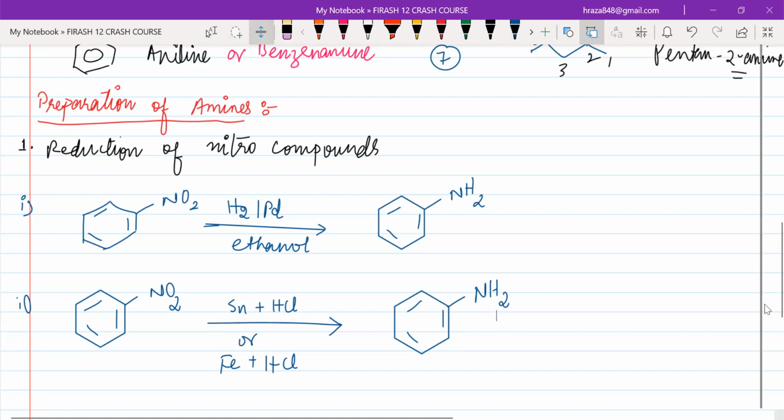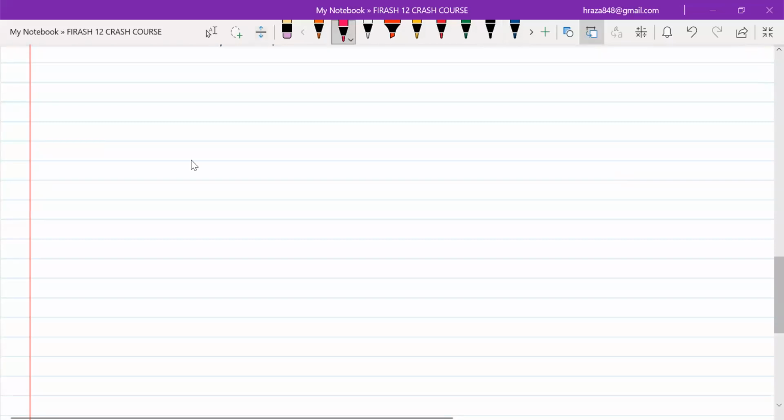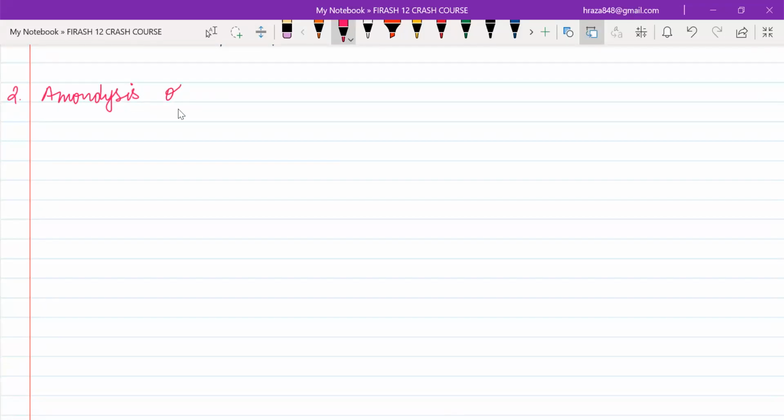Now the next is basically ammonolysis. The next one is ammonolysis of alkyl halides. You are going to react with NH3.